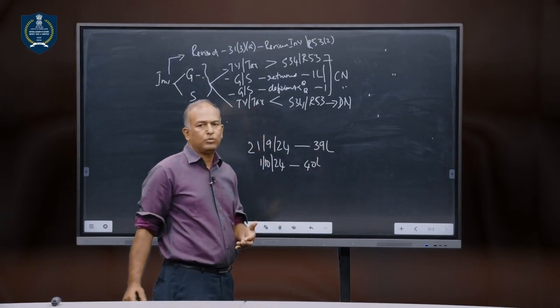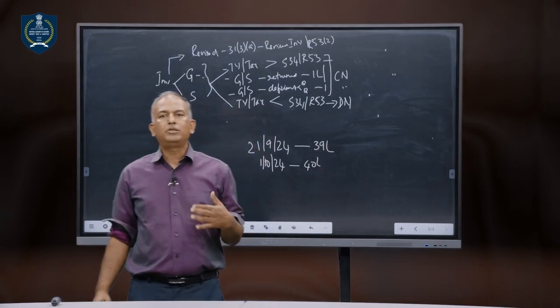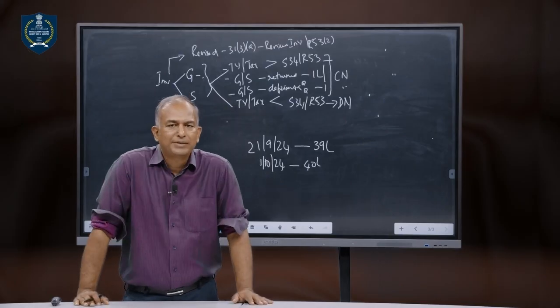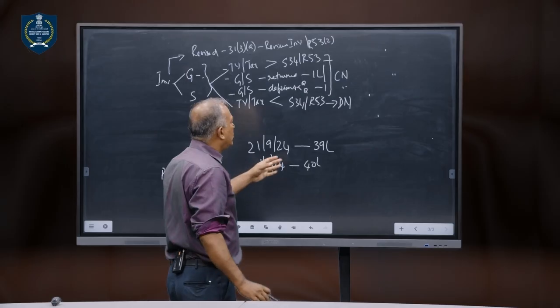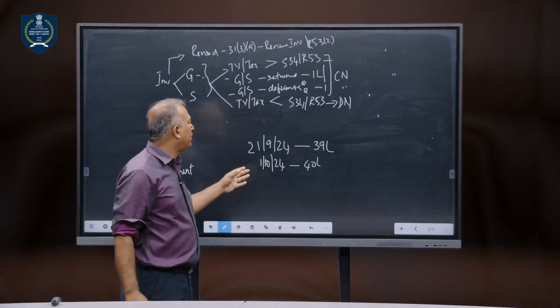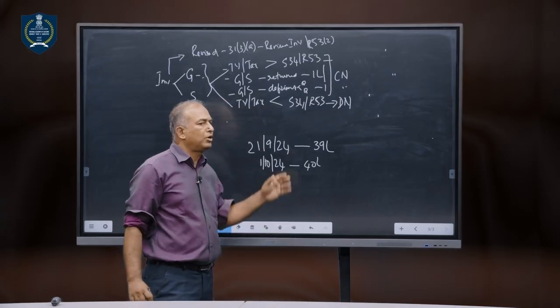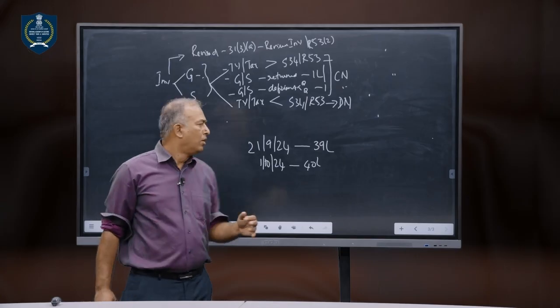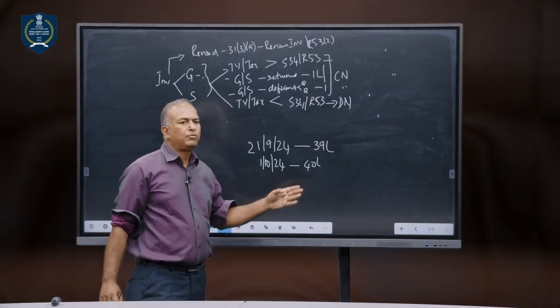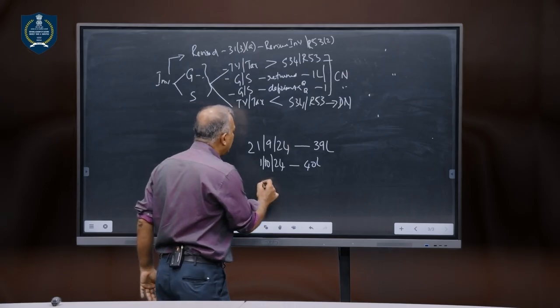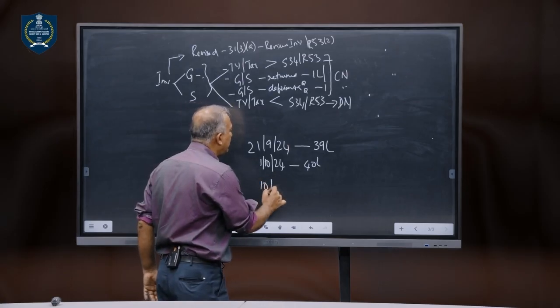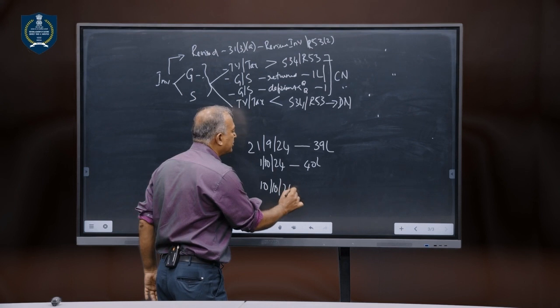I'm giving you a scenario to make you understand in what circumstance a revised invoice can be issued. On 21/9, my turnover is 39 lakhs and I apply for a registration. On 1/10/2024, I cross 40 lakh rupees, and on 10/10/2024, I am granted a registration.